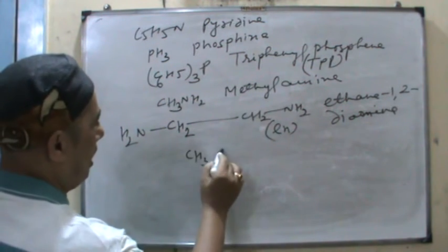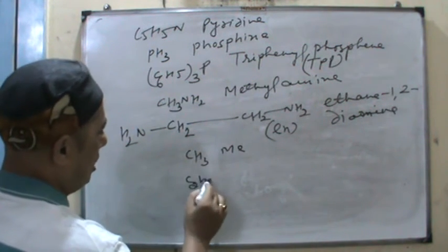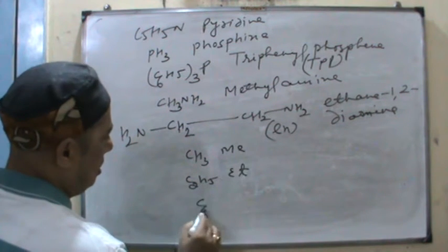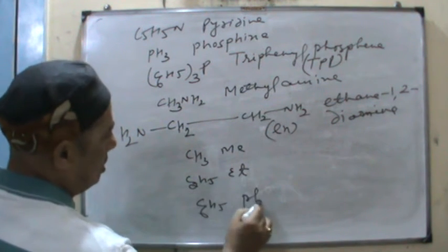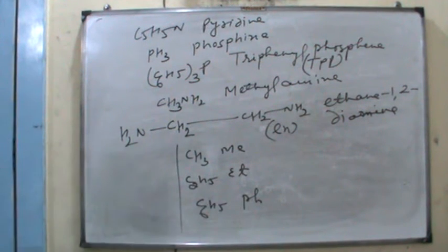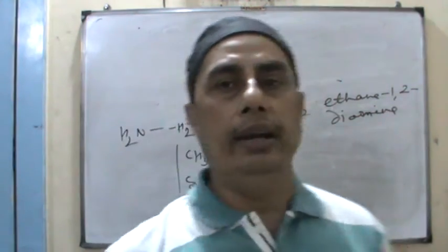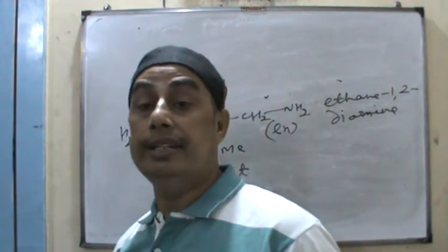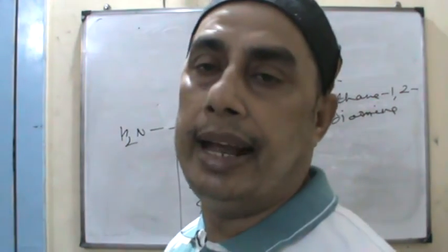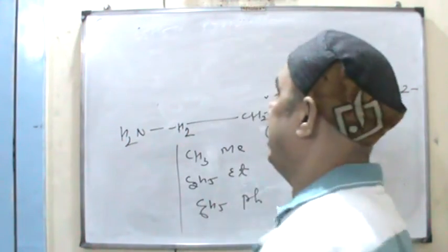CH3 is known as methyl, C2H5 is known as ethyl, C6H5 is known as what? Phenyl. So these are the types of ligands: positive ligand, negative ligand, and the neutral ligand.